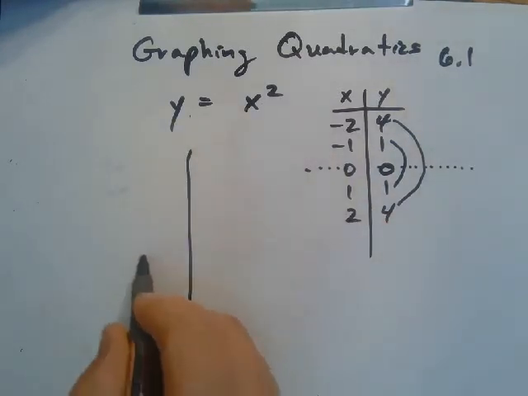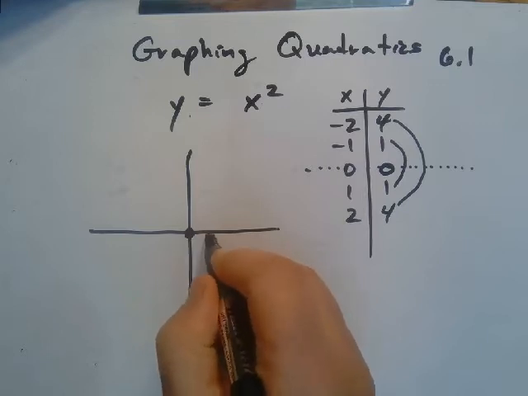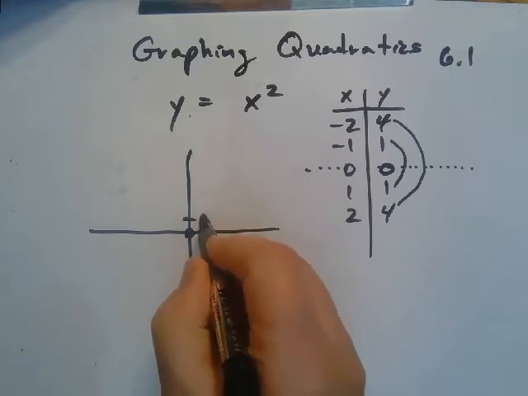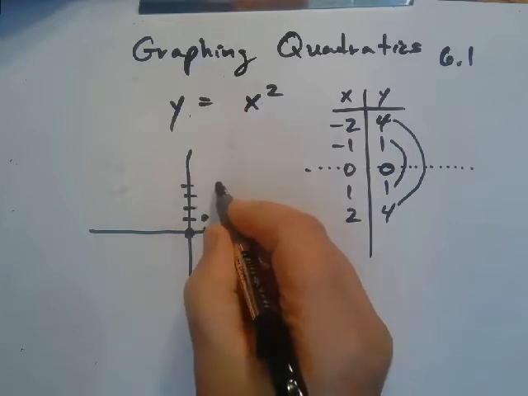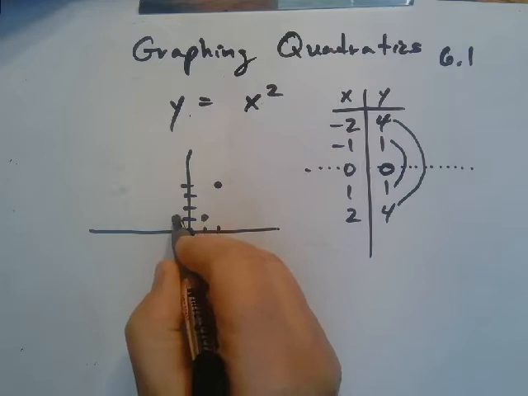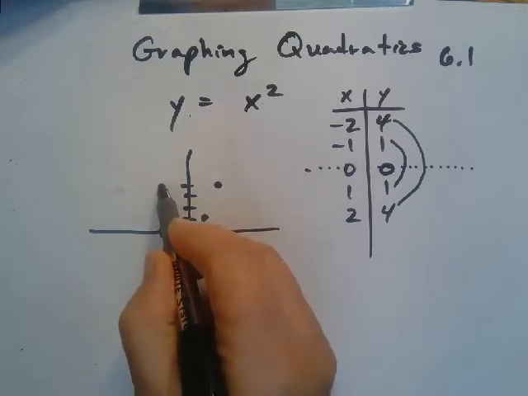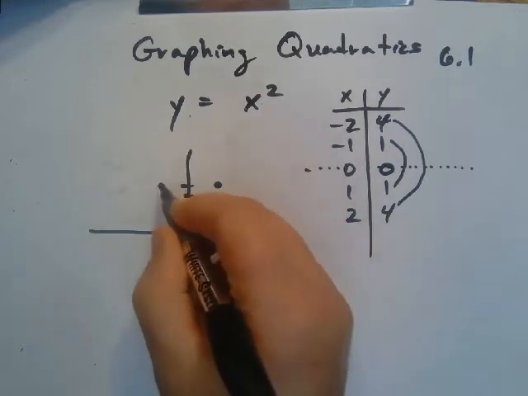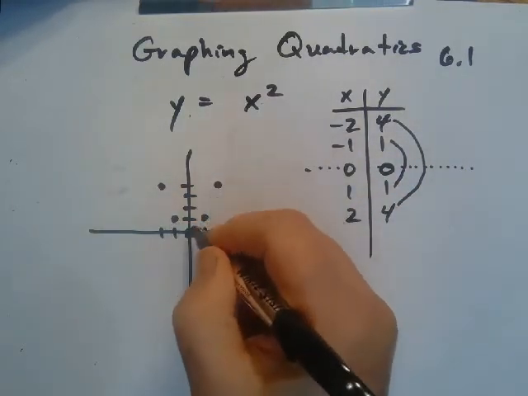So let's go ahead and graph this. If x is 0, y is 0. If x is 1, y is 1. If x is 2, y is 4. If x is negative 1, that's 1. If x is negative 2, it's 4 also. Now, we only picked integers here, but we could have picked all the decimals and fractions within these.